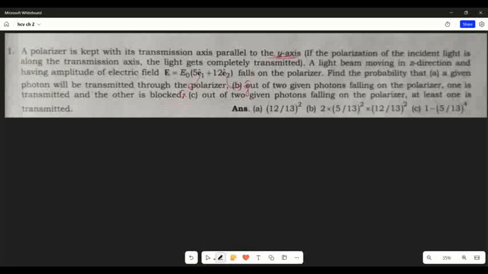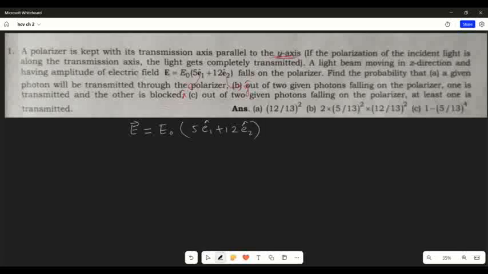So this is the y-axis, and the transmission axis of the polarizer is also kept along the y-axis. The electric field is given as E is equal to E naught times 5 E1 cap plus 12 E2 cap.